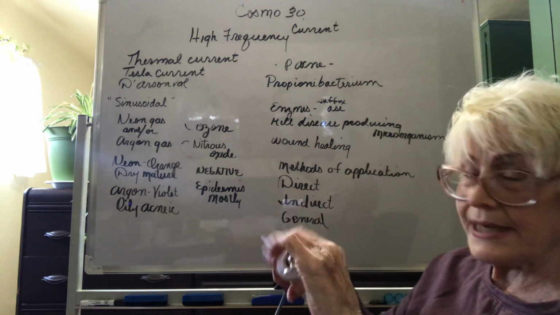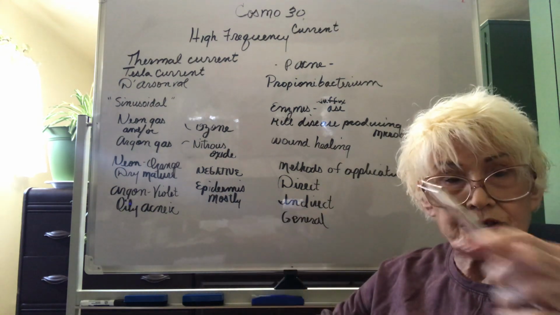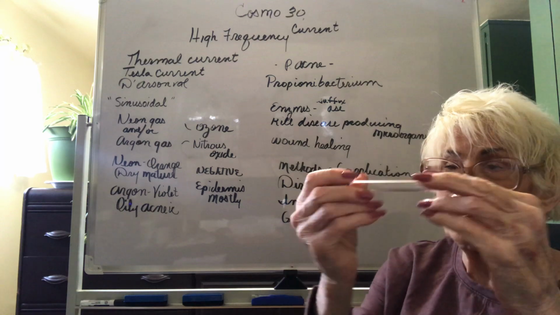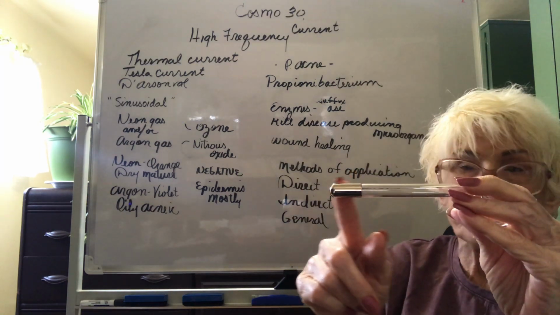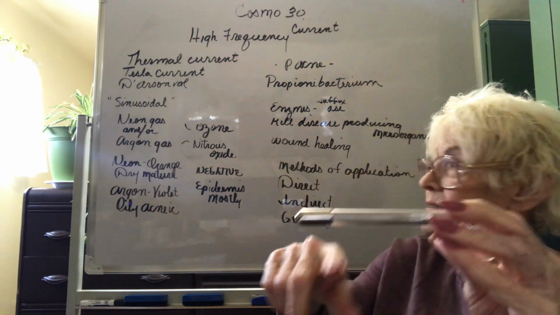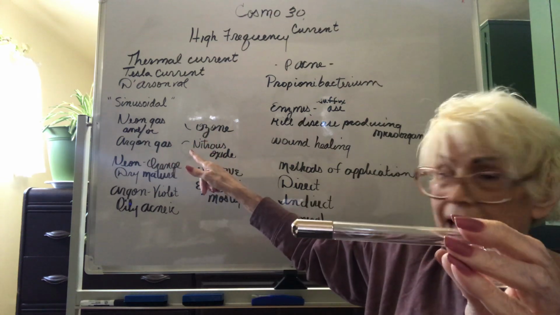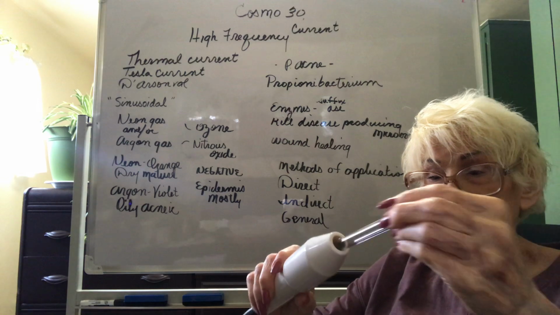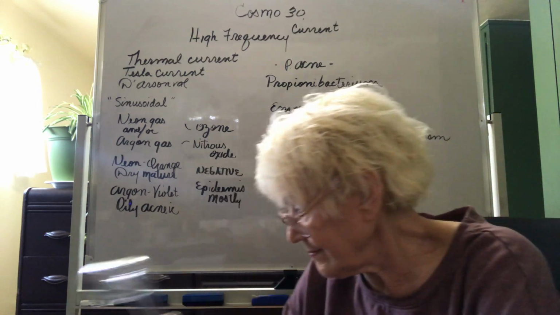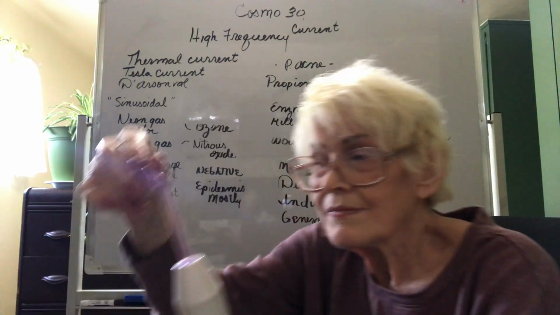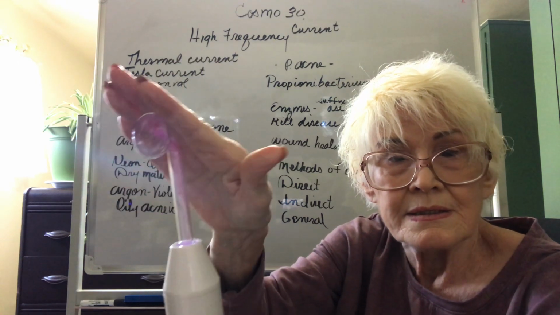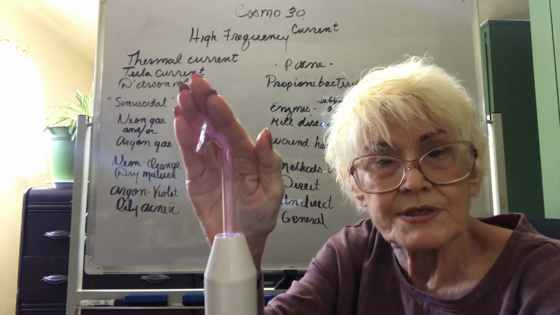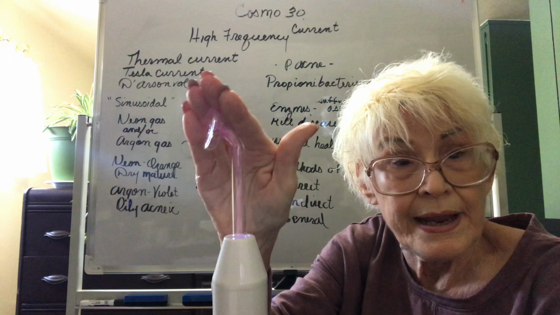Now I'm going to be looking at the actual electrode. This is the base of the electrode, and in this silver base is either neon gas or argon gas. So what I'm going to do is turn the machine on, and maybe if I cover it up so you get light, you're going to see the violet ray.